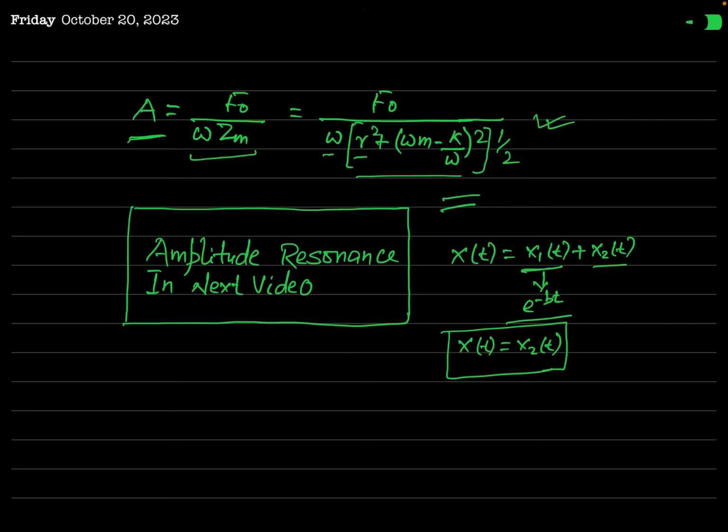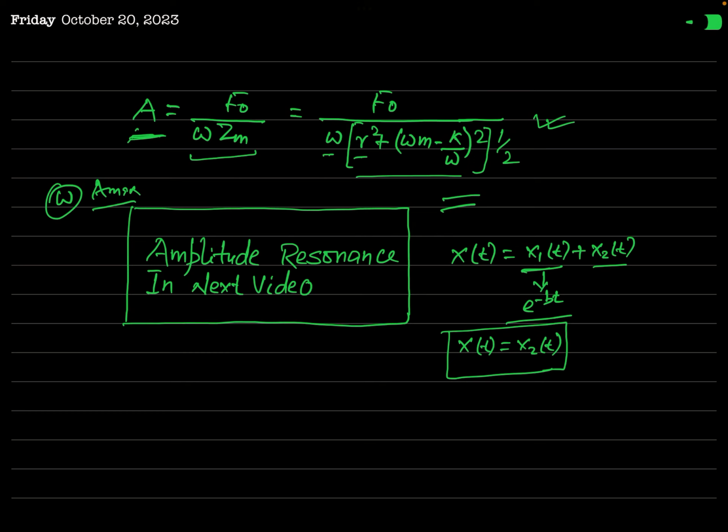So if we keep the medium constant, so that R will remain constant, but if we vary the frequency of the driving force, then amplitude will vary. And for a particular value of omega, this amplitude A will be maximum. Actually, when A is maximum, that event is called amplitude resonance.